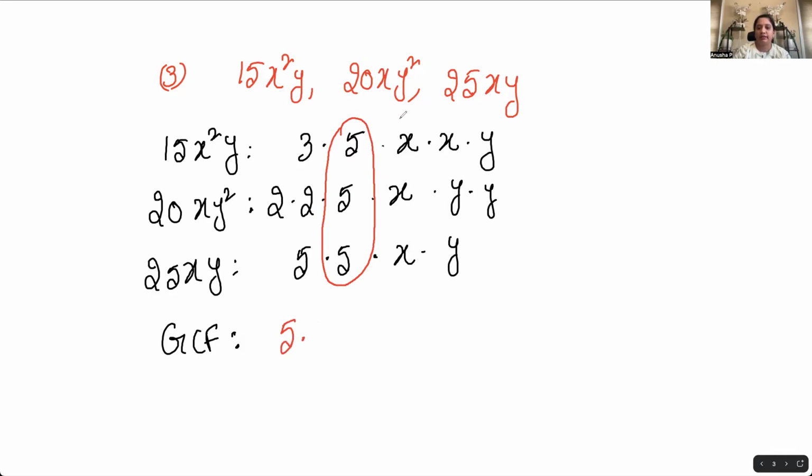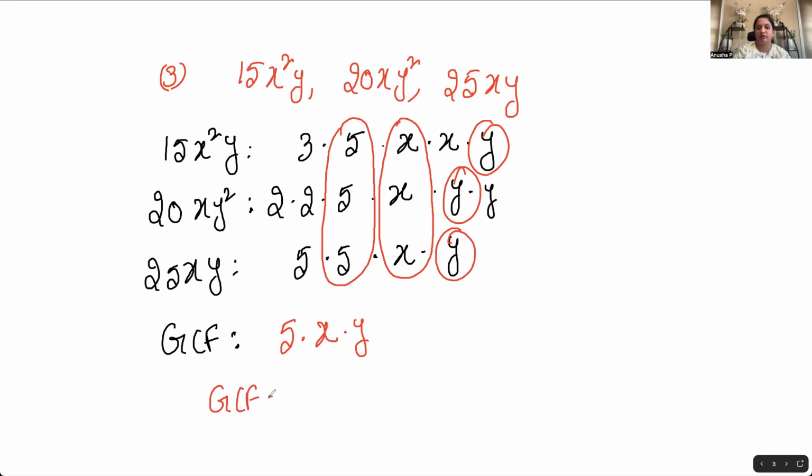And all the three monomials have the common factor x. We can consider it as x. All the three monomials have a common factor y. 5 times x times y is the GCF. So GCF equal to 5xy.